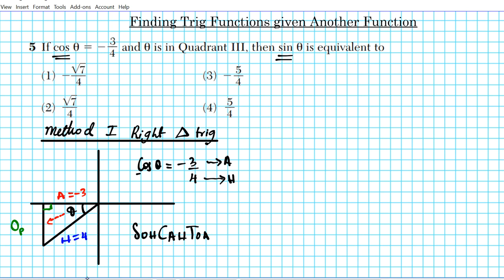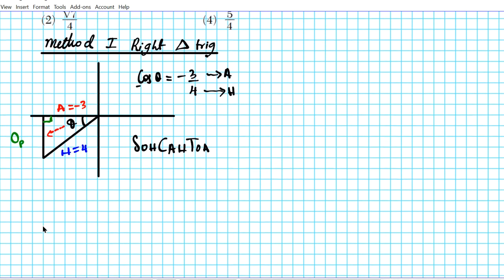Now the problem asks us to find sine. So we're going to use this right triangle that we have here in quadrant 3 to figure out what sine theta is. How do we relate this angle and any pair of sides with sine? Well, that's what SOH helps us to do.